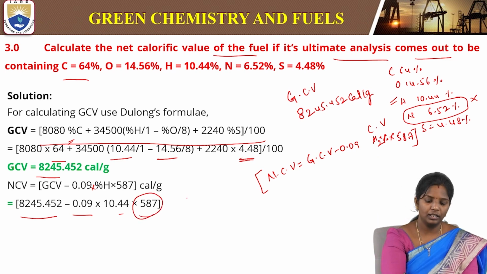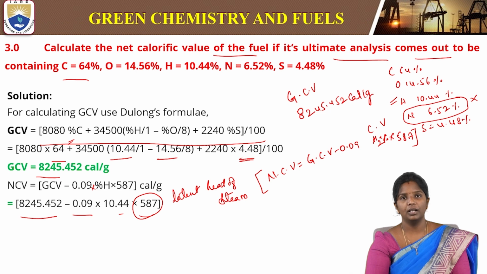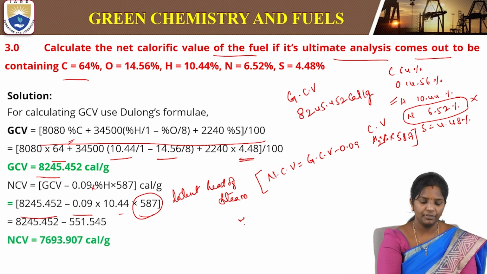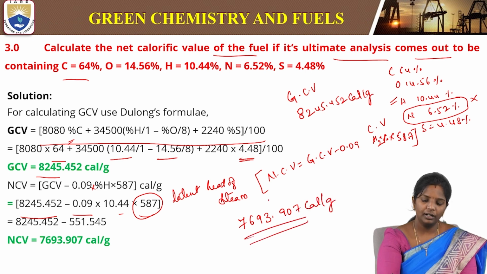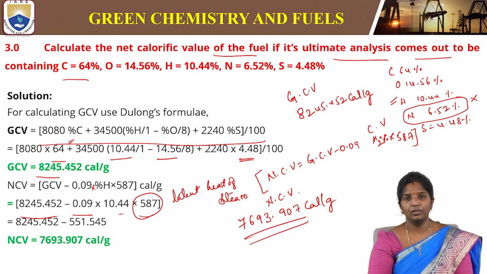This is because we are multiplying with latent heat of steam. And after simplification, we get 7,693.907 calorie per gram. So this is the net calorific value of that particular coal sample or the fuel.